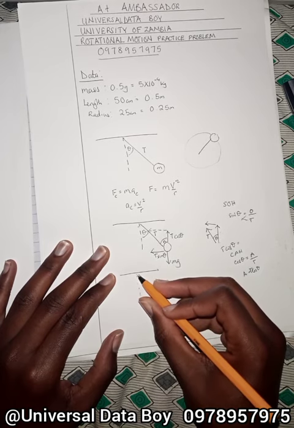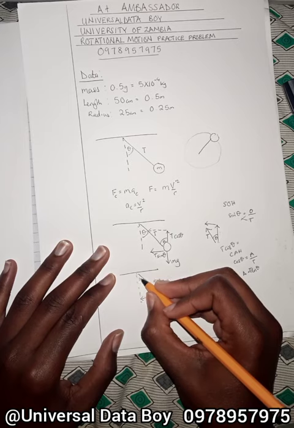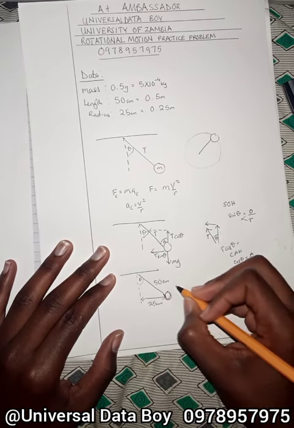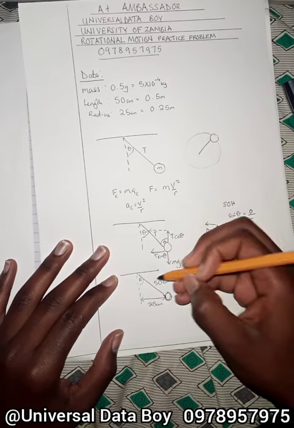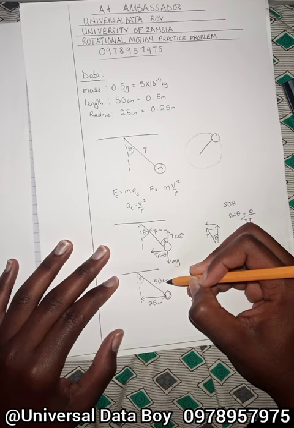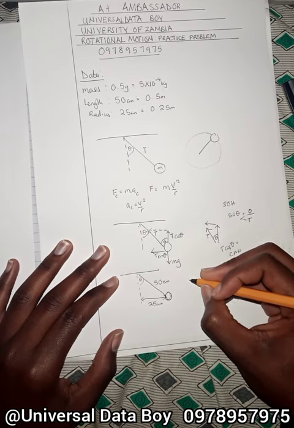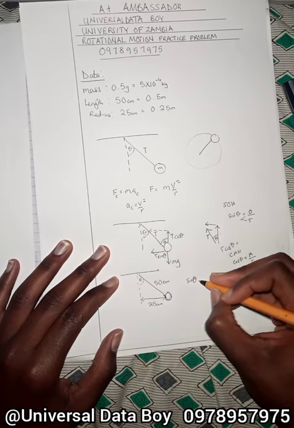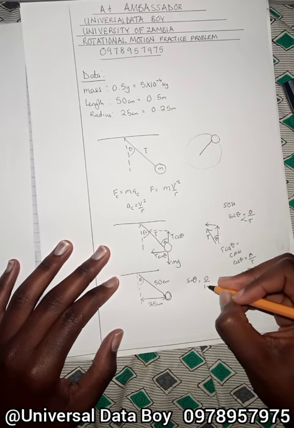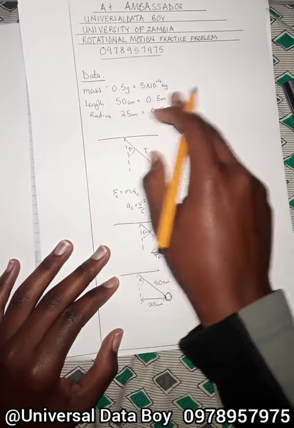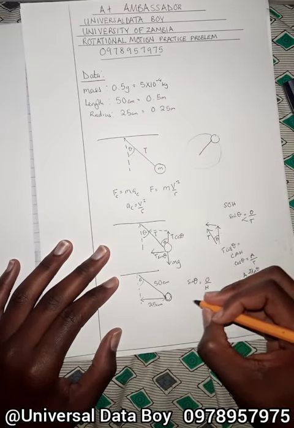We can easily find the theta there, because we have this and this, and so this theta will give us the same theta that's on the other side. So now since we have a side that's opposite and the hypotenuse, we can use the sine. So sine of theta for this one is equal to the opposite over the hypotenuse. Now we can use the meters so that we can have everything in SI units.